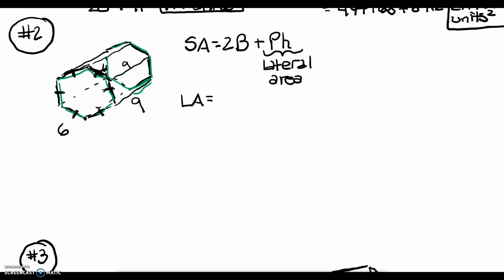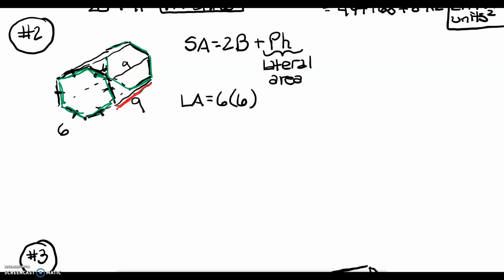So the perimeter of the base, well, the base has 6 sides. 1, 2, 3, 4, 5, 6. And each side is 6. So that is 6 times 6. That's my perimeter. And the height of this prism is this distance right here.